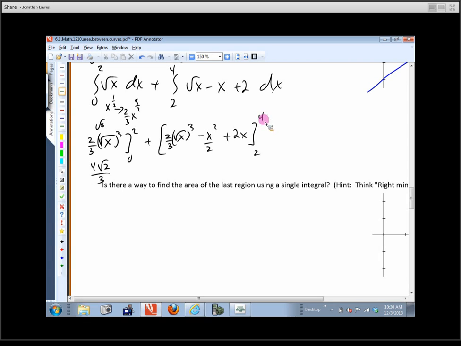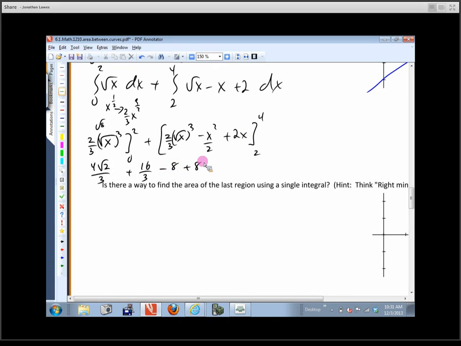Let's see, if I plug in a 4, that's kind of nice as far as the square roots go. So this is going to be what I get when I evaluate this guy. Yep, so that's going to be square root of 4, 2, cubed, that's 8, times 2, so that's going to be 16 thirds. 16 over 2, so that'll be minus 8.